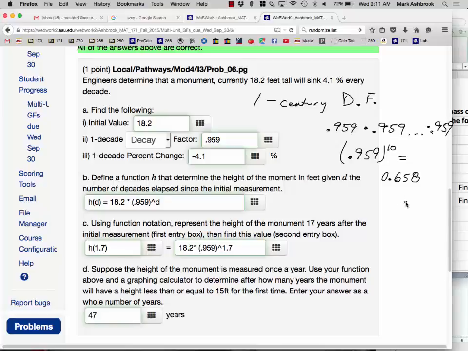What's the percent change every century? So the 1 century percent change. I'm going to call on someone at random.